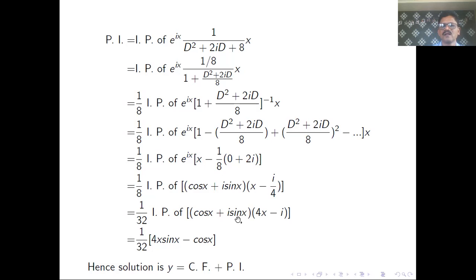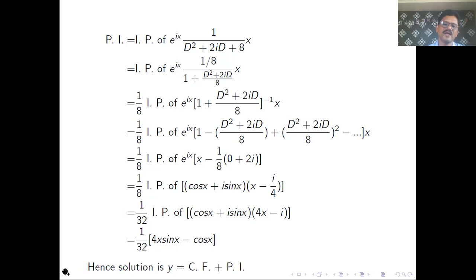Then i sin x into 4x contains i, so you consider 4x into sin x. Then i sin x into minus i gives i square, its value being minus 1, so you will get that term as a real term. So it gives what we call the required value of the particular integral.